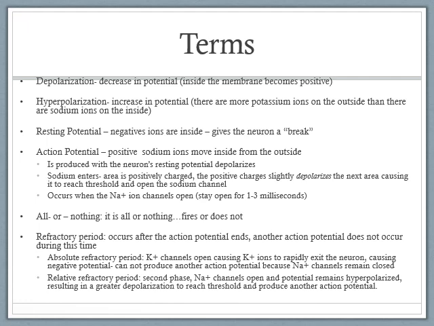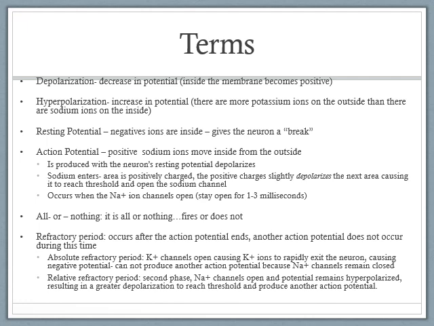It is produced when the neuron's resting potential depolarizes, or becomes less negative, or another way to word that is it becomes more positive. Sodium enters. The area is positively charged. Then the positive charge slightly depolarizes the next area, causing it to reach threshold and open the sodium channel. This occurs when the positively charged sodium ion channels open. They stay open for about 1 to 3 milliseconds.